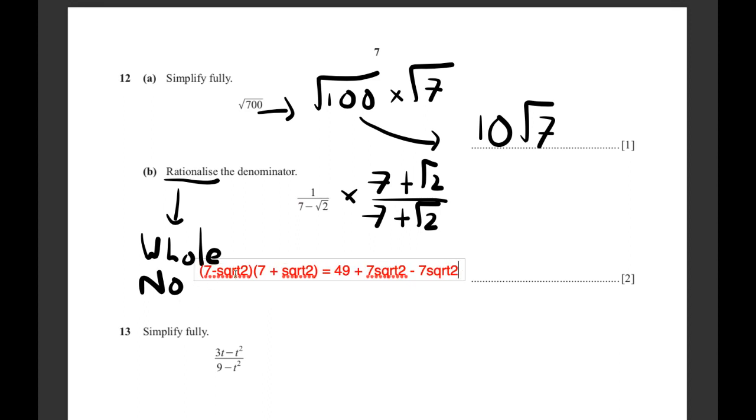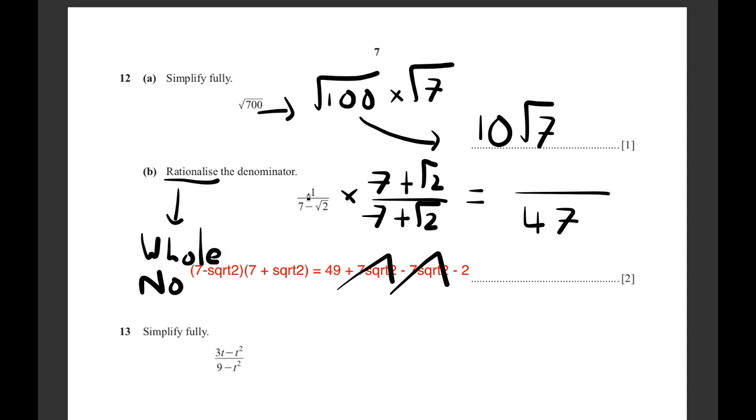And then minus root 2 times plus root 2: a minus times a plus is a minus, and square root 2 times square root 2 is 2. The great thing about multiplying by a conjugate is that these two terms disappear, because 7 square root 2 minus 7 square root 2 is 0. So all we have to focus on is 49 minus 2. That gives us that the bottom part is 47.